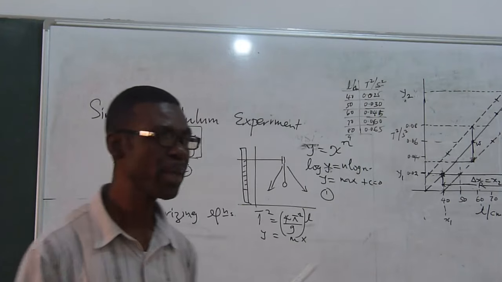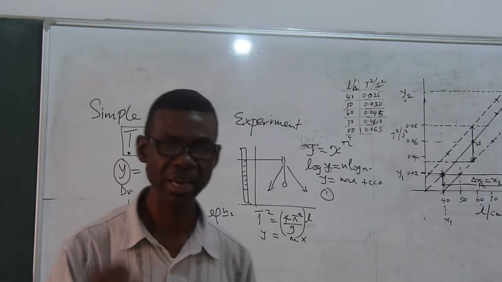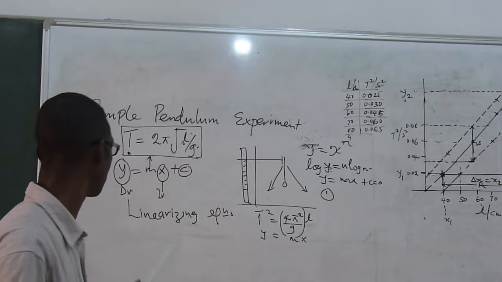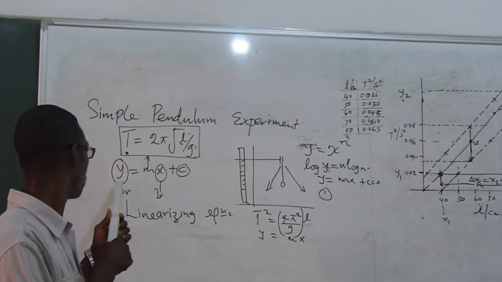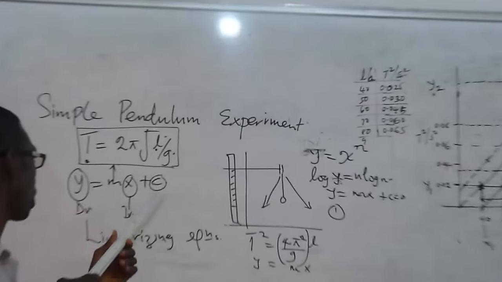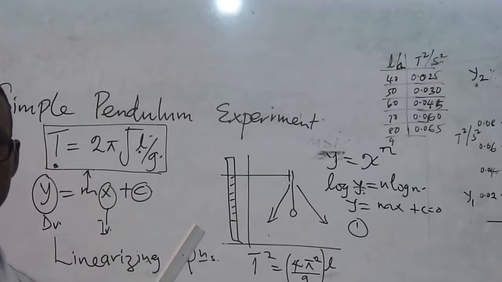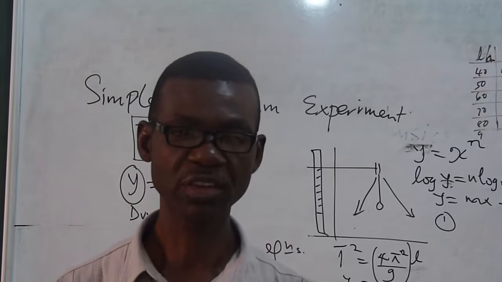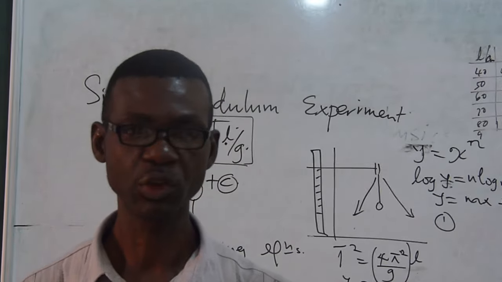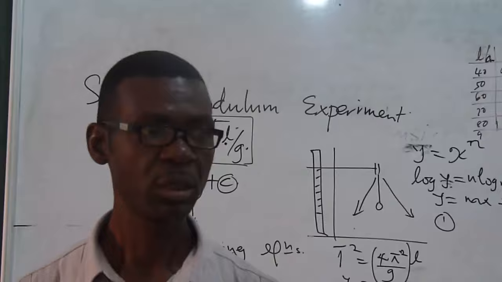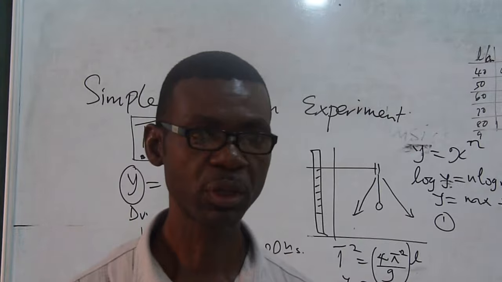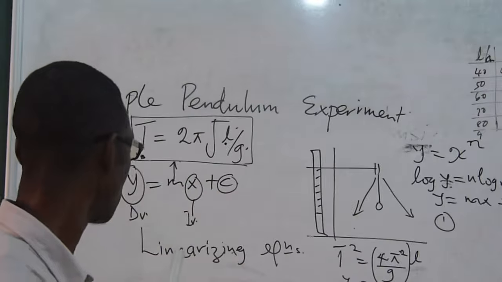That is, you make the equation become a straight line equation that can be plotted in a straight line, like y equals mx plus c. So most of the time, we may have to linearize equations to match up to a straight line graph.